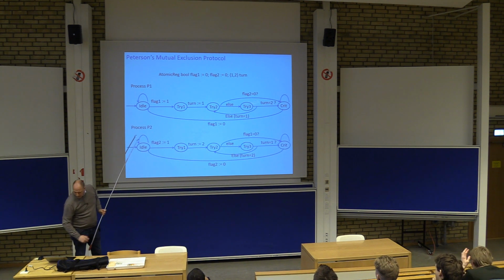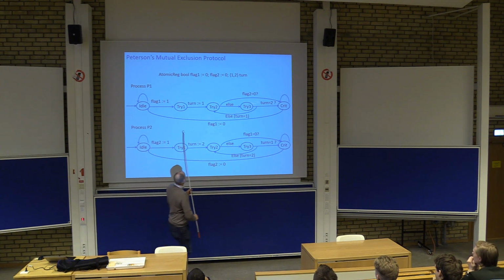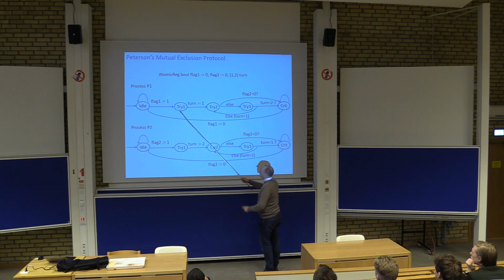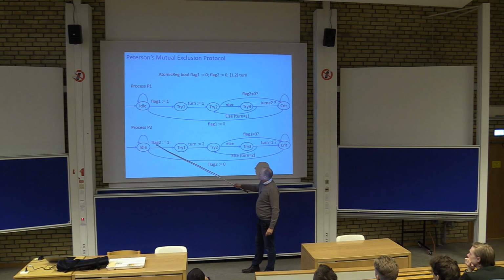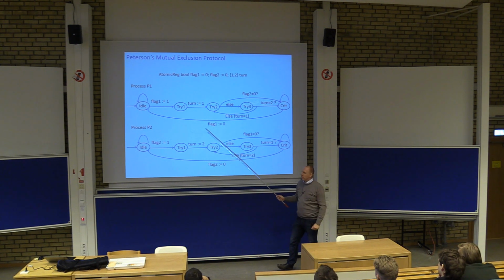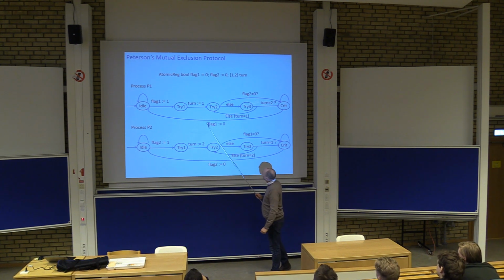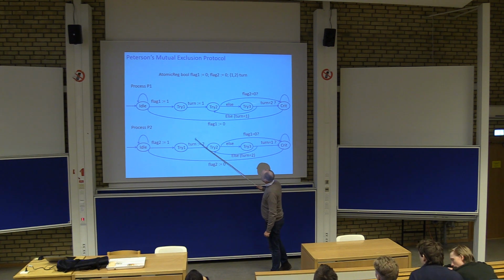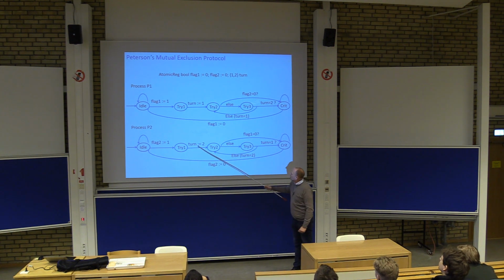And we can take a look at it. Okay, so you see, task 2 starts in a similar way, so it sets flag 2 to 1. So now it indicates that, okay, I would like to enter the critical region. And then it's updating the turn variable again here.